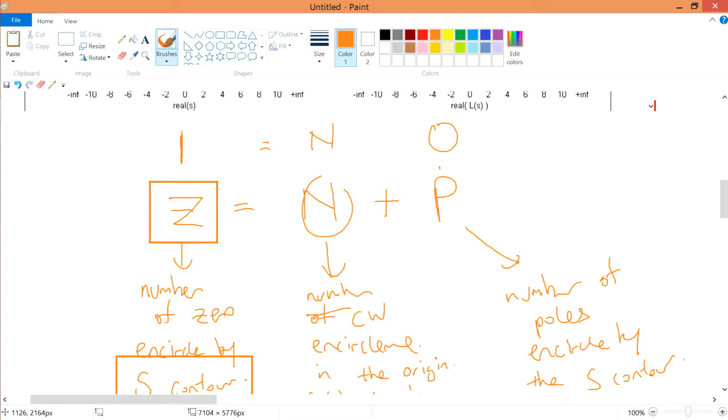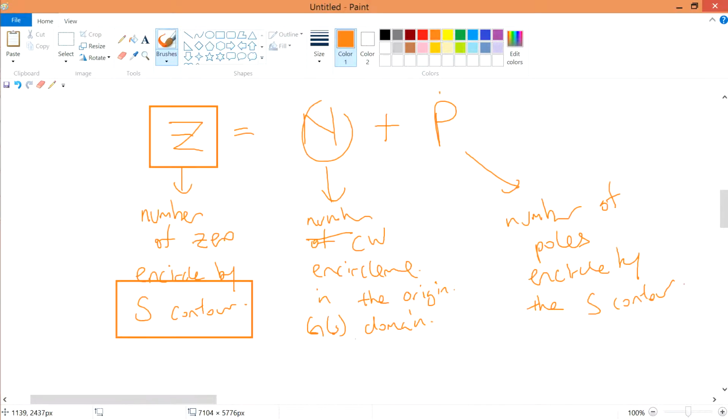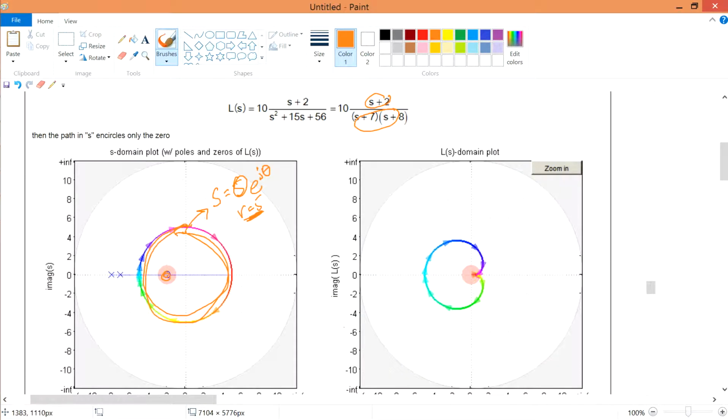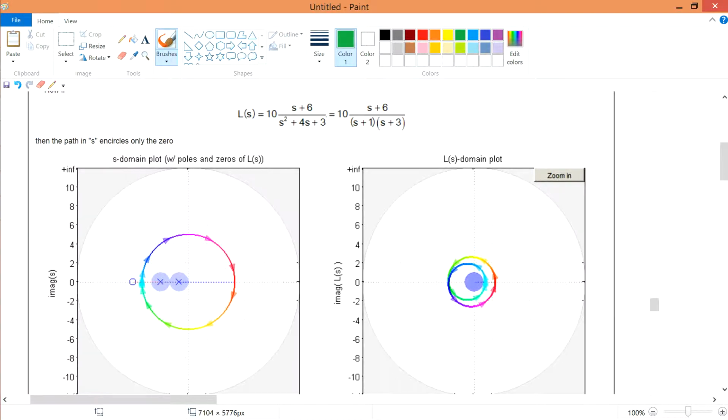And N is the number of clockwise encirclements of the origin in the G(s) domain, or the transfer function domain. What I mean is that I'm going in the clockwise direction and encircle this origin, one loop. It encircles it. More examples, then you'll get it better.